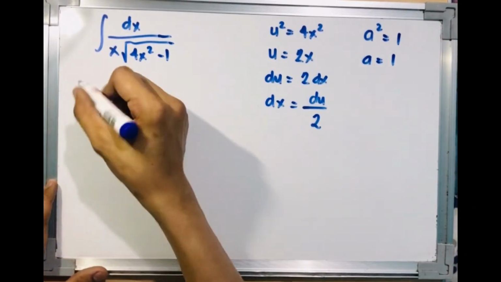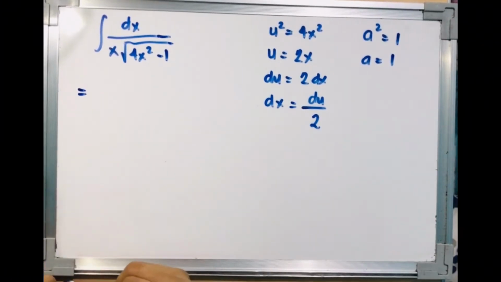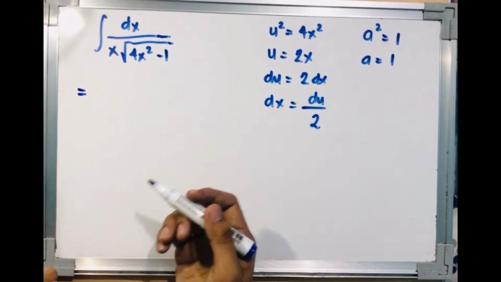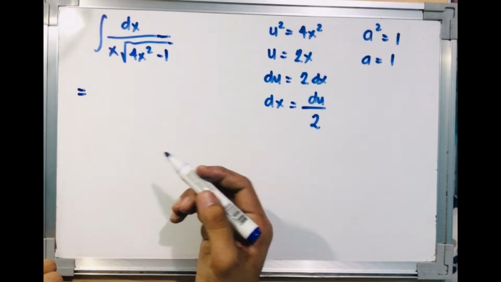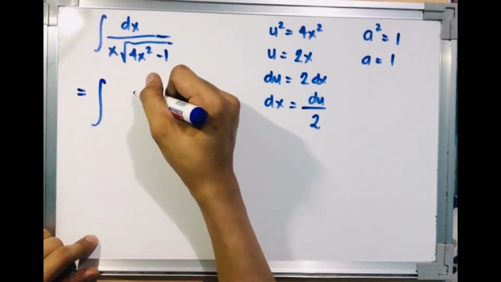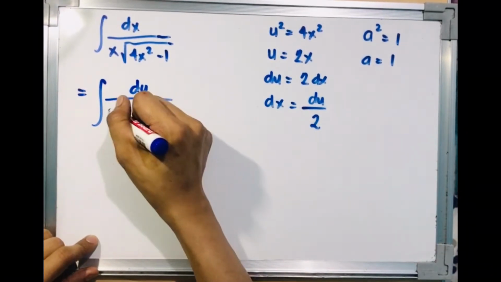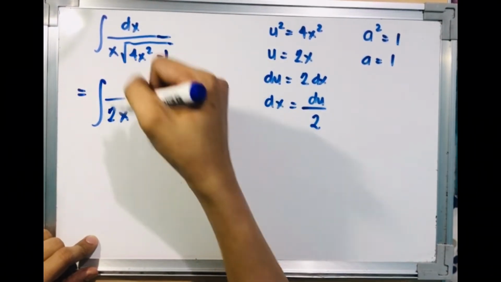Okay, so substitute na natin yung values. And first, mapapansin natin, meron tayong du, or yung dx natin is du over 2. So, magiging siyang du over, multiply lang natin yung 2 sa ating denominator.